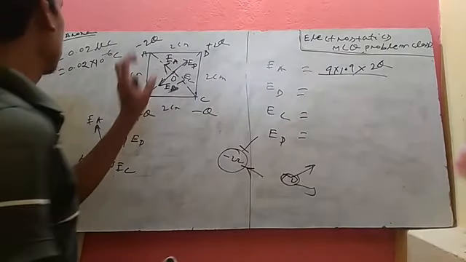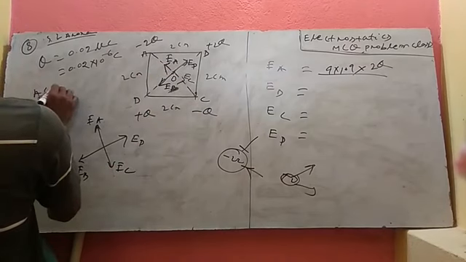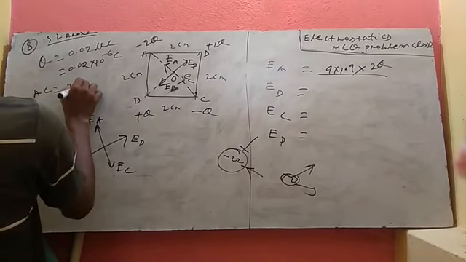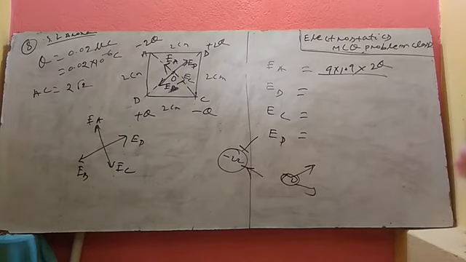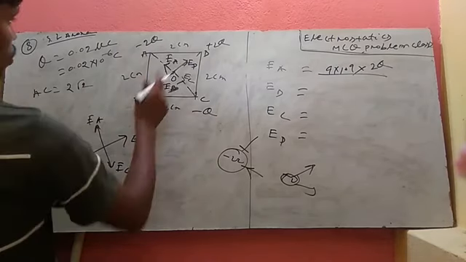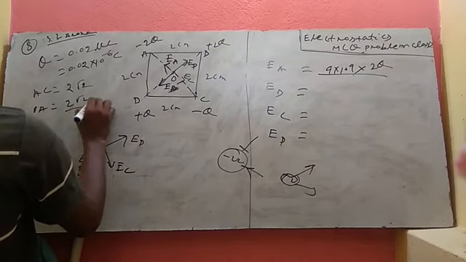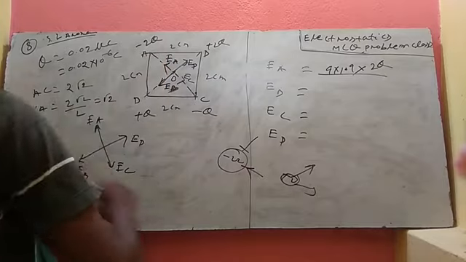OA is half the diagonal: the diagonal is 2 into root 2, so OA is 2 root 2 by 2, which is equal to root 2. So OA means root 2 square.